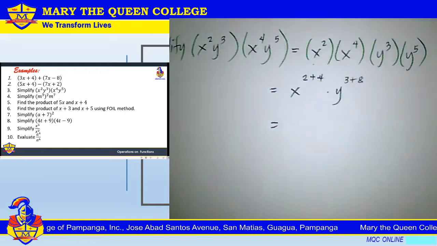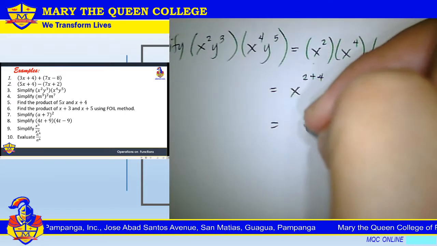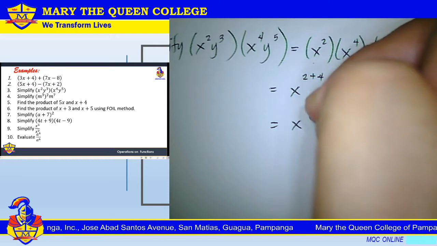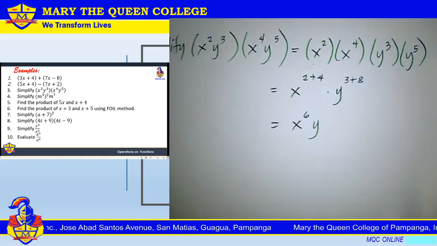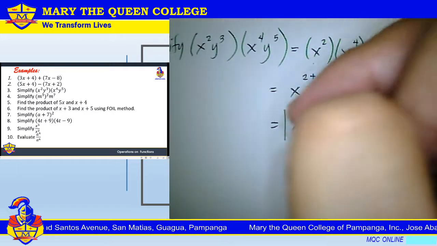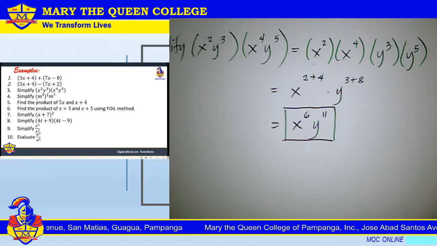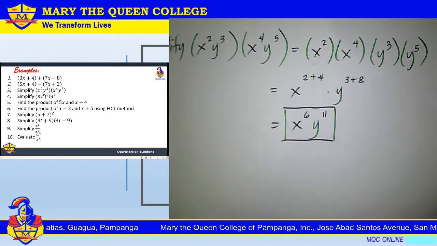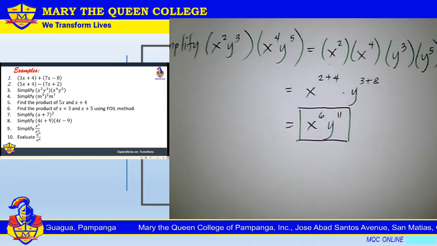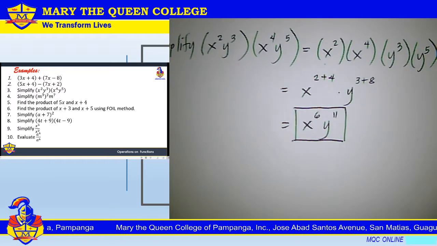Then next, simplify it further. We have x raised to 2 plus 4, that is x raised to 6, y raised to 11. So this is now the simplified form of x squared y cubed times x to the 4th y to the 5th. So we have x raised to 6, y raised to 11. Okay, so that's the answer for number 3.